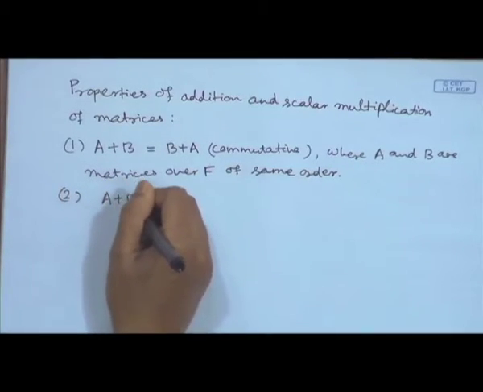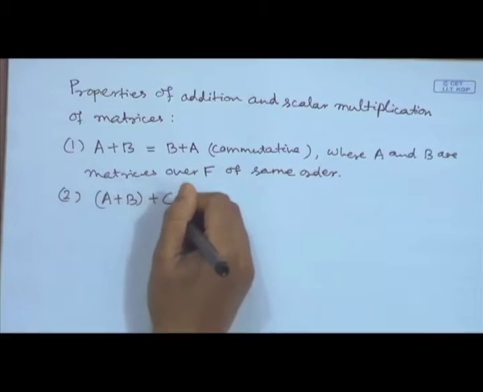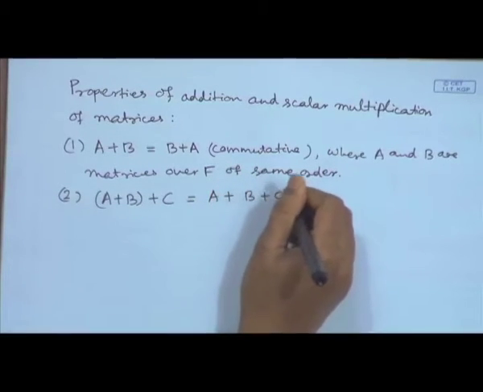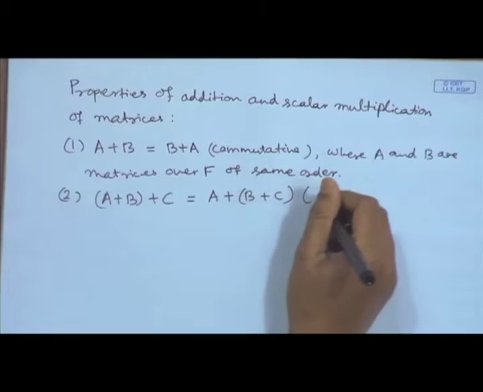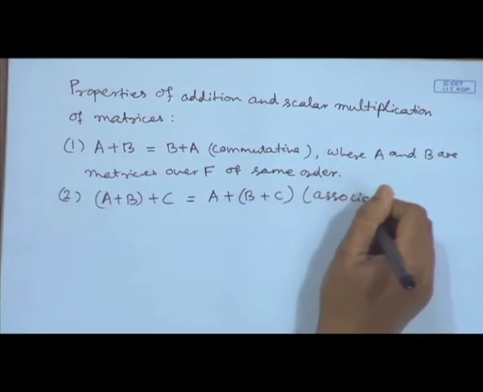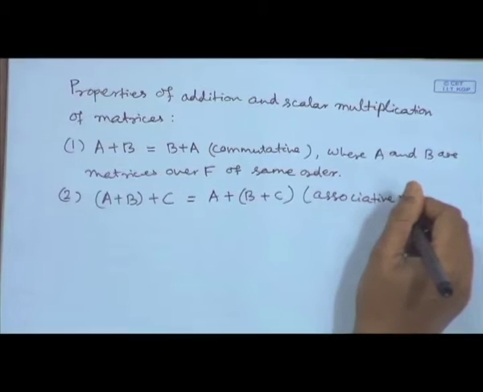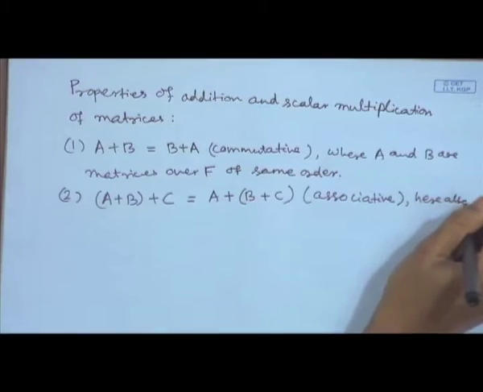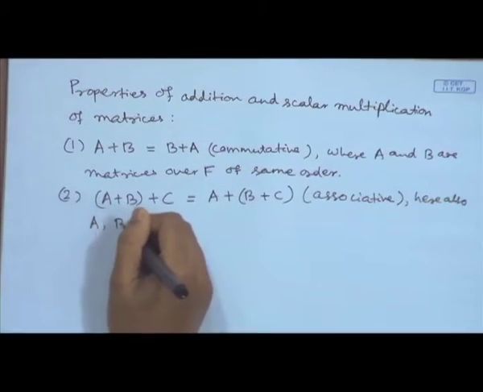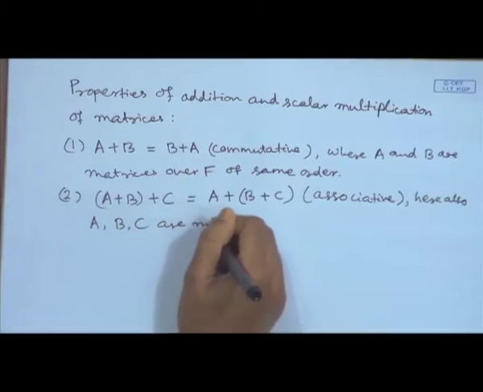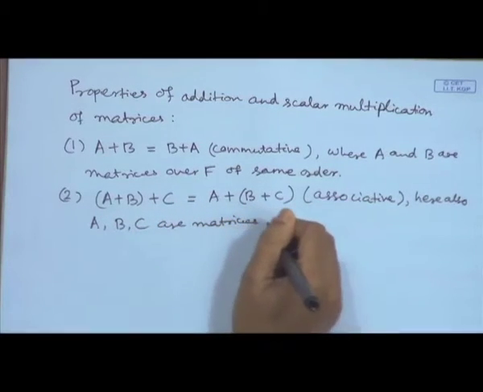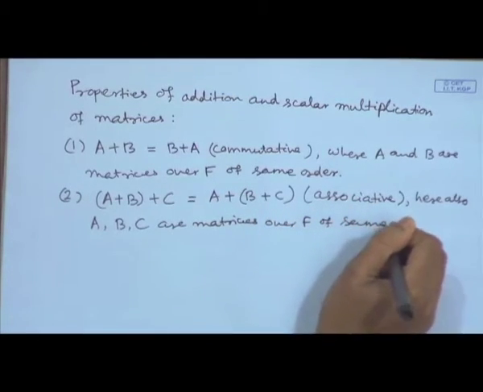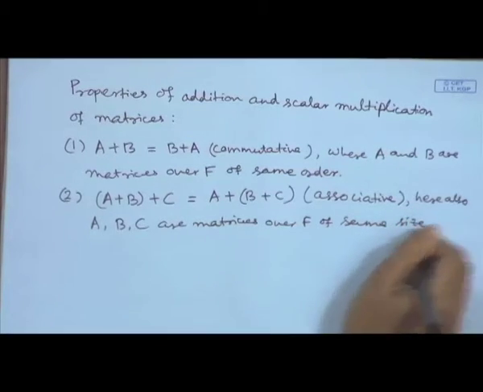We will also have that A plus B plus C is equal to A plus B plus C, that is the associative property. Here also matrices A, B, C are over the same field F and of the same size.